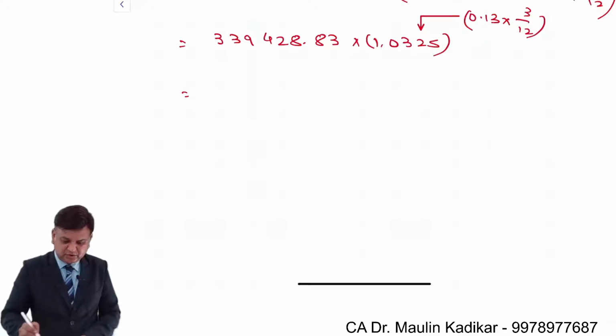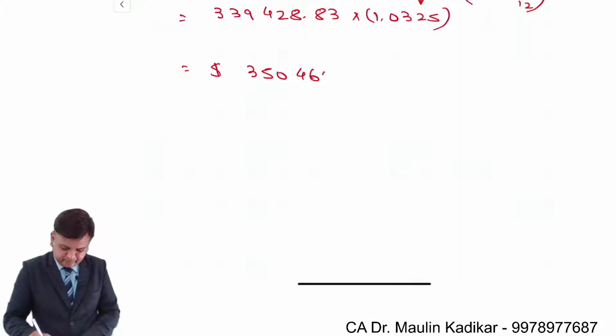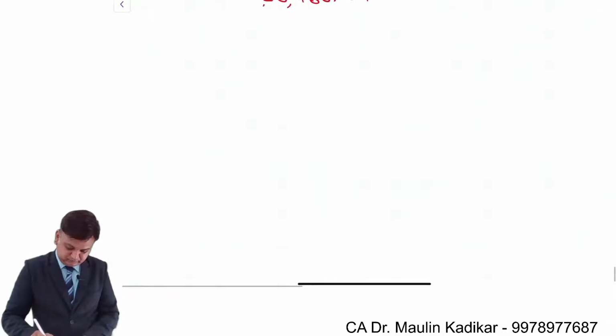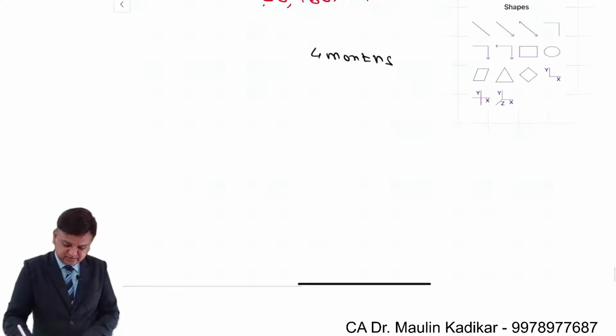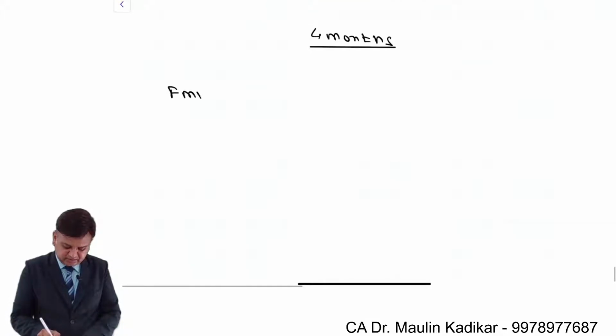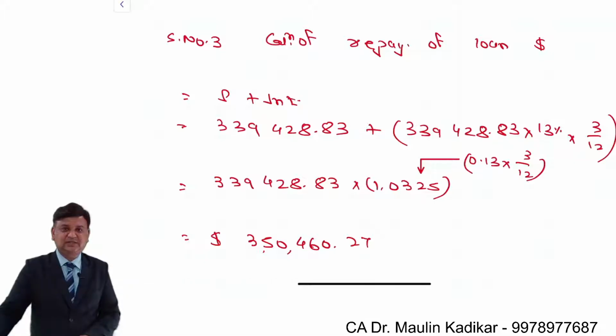That is $339,428.83 into 1.0325, which is 3,50,416.27. This is the amount of the dollar for the repayment of loan. Now for 4 months, let us see the forward market hedge. Try to do the answer on your own and then tell me the answer in the chat box.